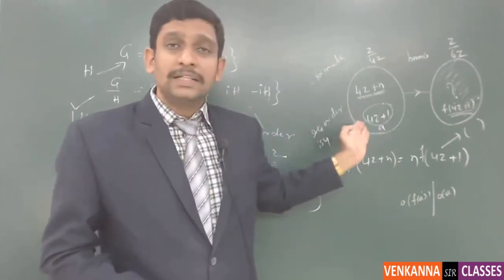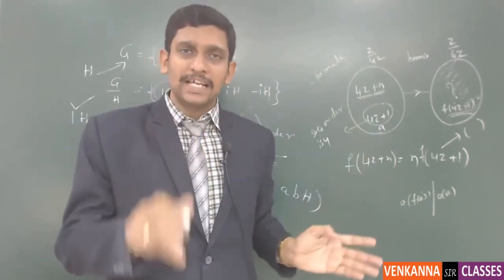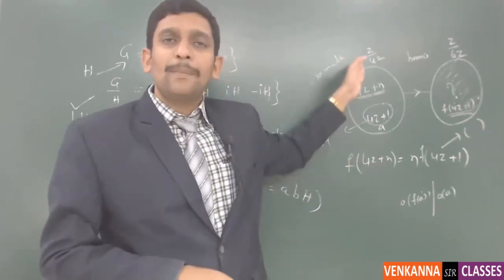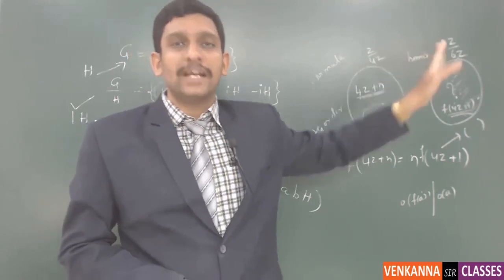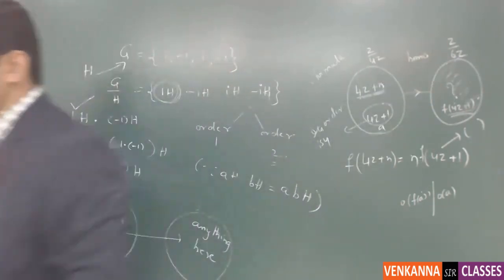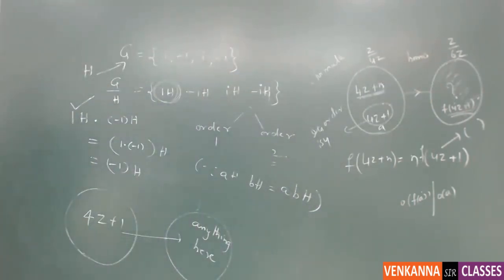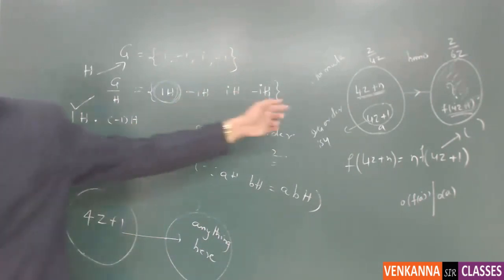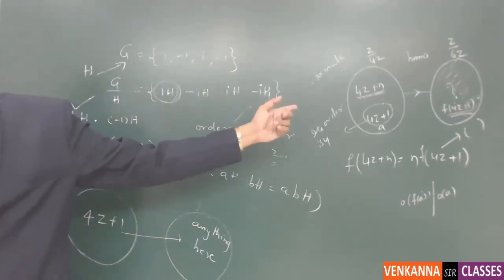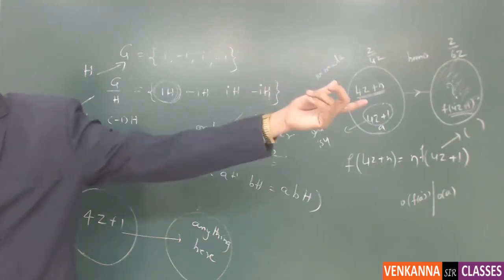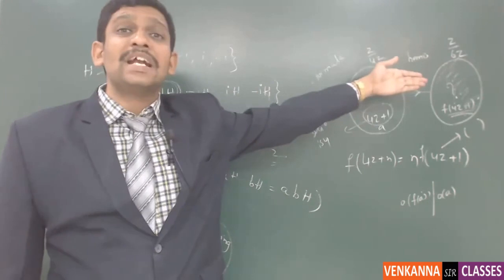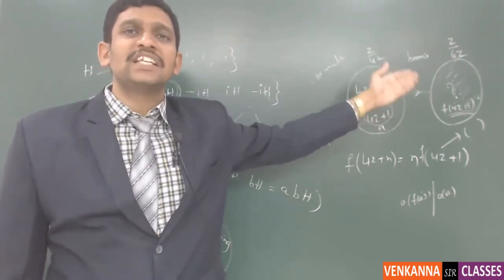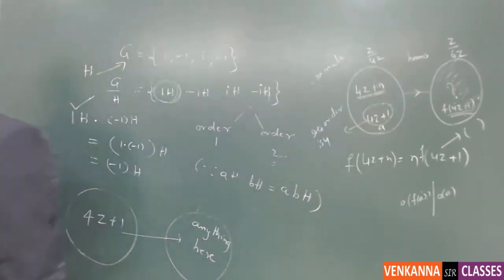So taking 6Z as the image means that you are pairing every coset on the left hand side with the identity coset on the right hand side. That's it. Don't feel that 4Z plus 1 is a number, it is a coset. So you are pairing a set with another set. So every coset on the left hand side is paired with the identity coset on the right hand side, which is nothing but 6Z. Okay? Fine.